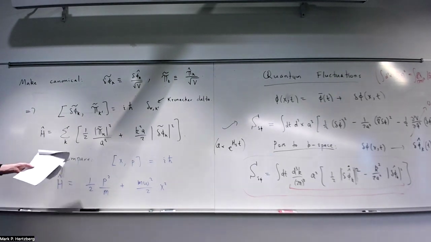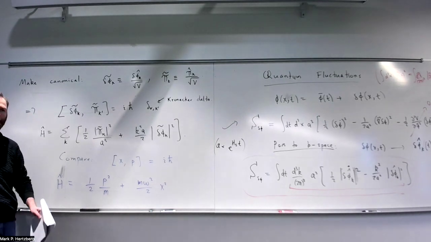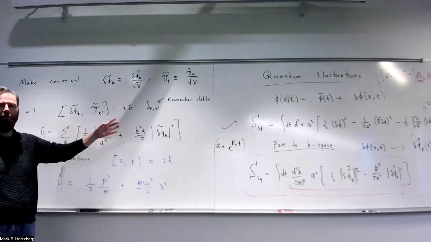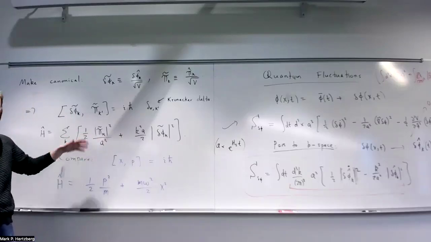And then we could just do a sum if you happen to have many harmonic oscillators. You see the sum is really simple here because the different k's are not talking to each other. It's just a sum over k, just n copies of the same thing.